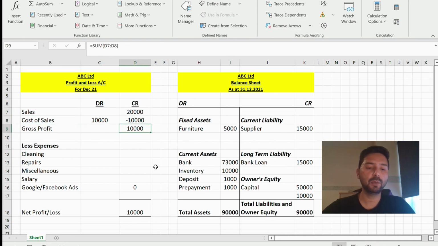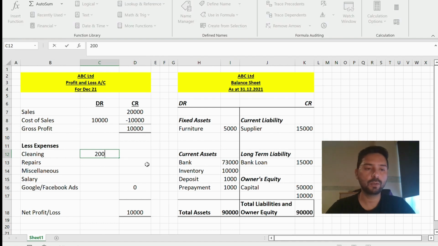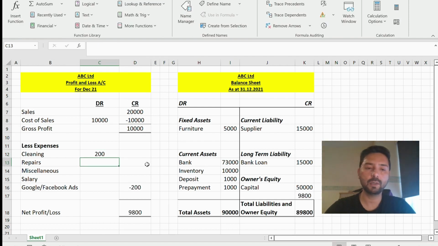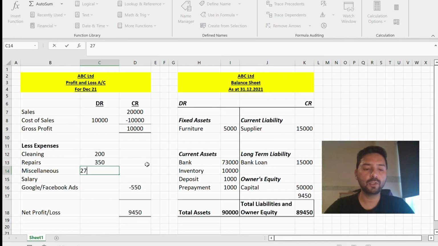Let's assume that during the month we incurred some other expenses as well, and those expenses are these which you could see in front of you. Let's say on cleaning, the business spent 200 euros, on repairs maybe 350, right? On miscellaneous, I don't know, 270. Salary, the owner gave himself a salary of 1,000 euros, for example.